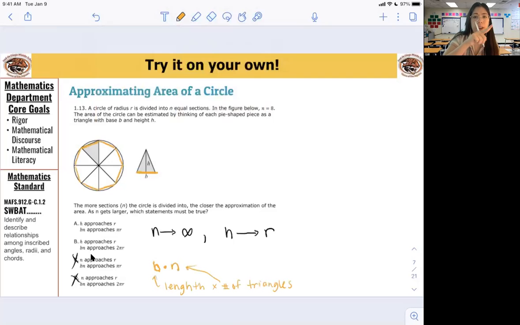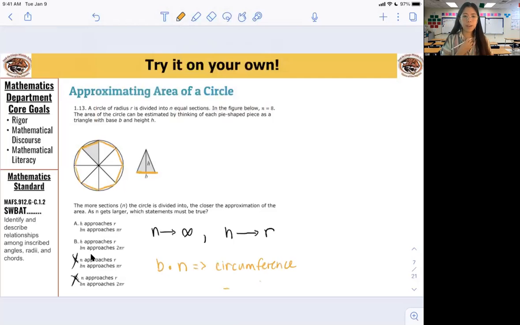So if I have 8 triangles going all the way around, what is that distance called? All the way around. Not halfway, but all the way around. What is that called? That's the circumference. So B times the number of triangles would be the circumference.